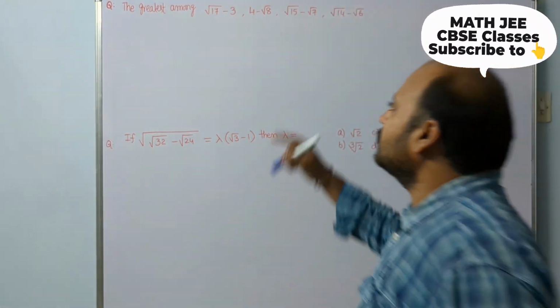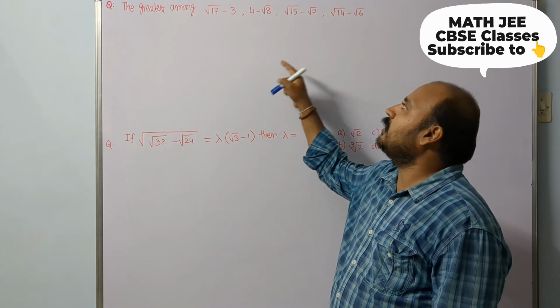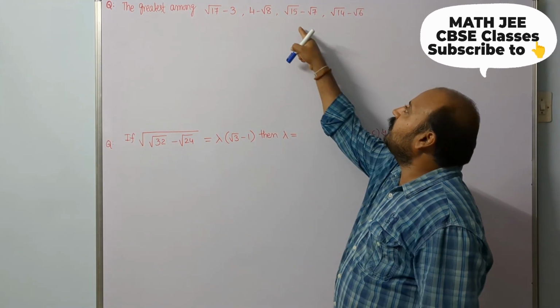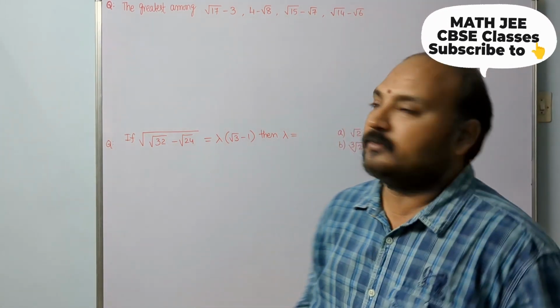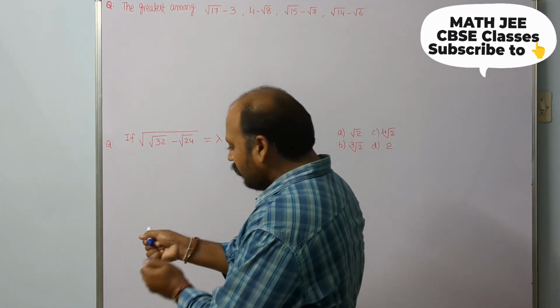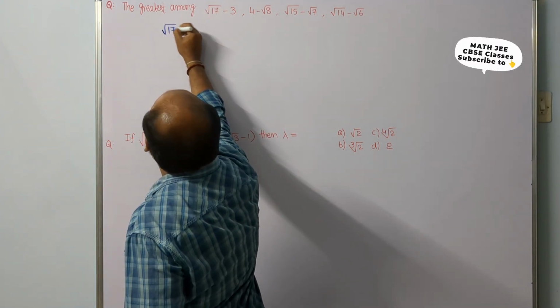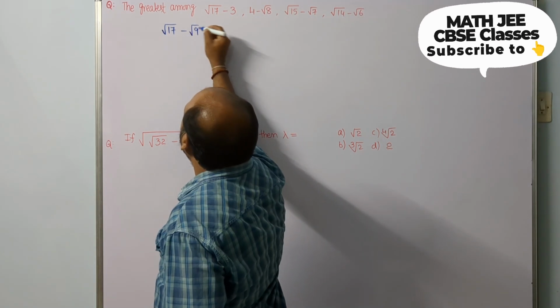In this video, the first question: the greatest among root 17 minus 3, 4 minus root 8, root 15 minus root 7, root 14 minus root 6. So first, what we have to do is, root 17 minus 3 can be written as root 9.